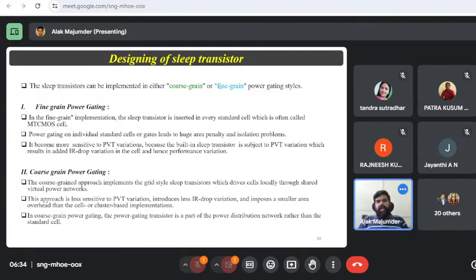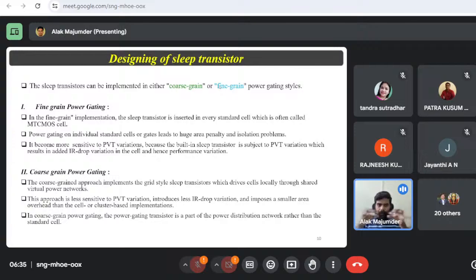If the power gating is incorporated for every standard cell, meaning every standard cell is separately power gated, it comes under fine grain power gating.